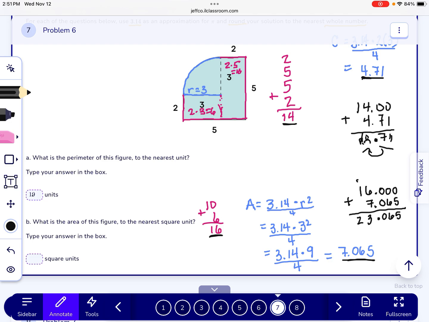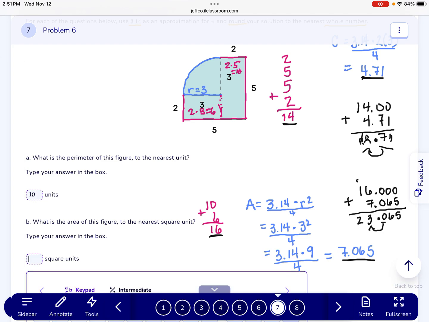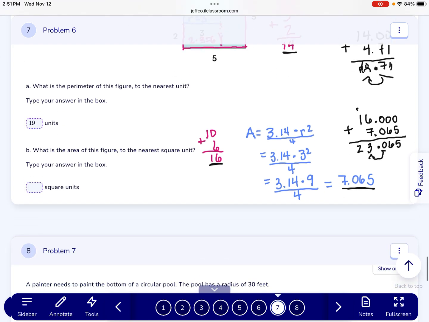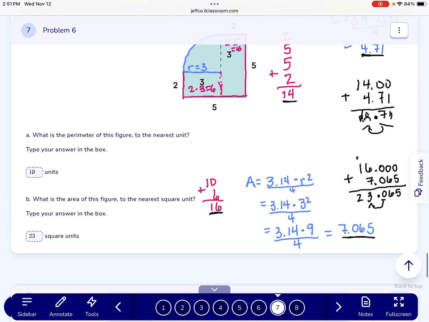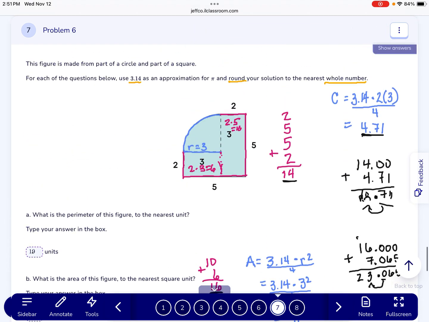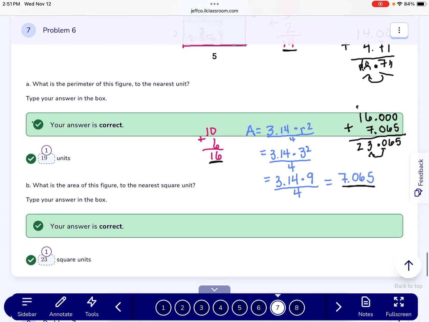And for rounding to the nearest unit, I look here. It's a 0. 0 is 4 or less, so that means I'm going to let the 23 rest. And that means that 23 square units, and hooray!